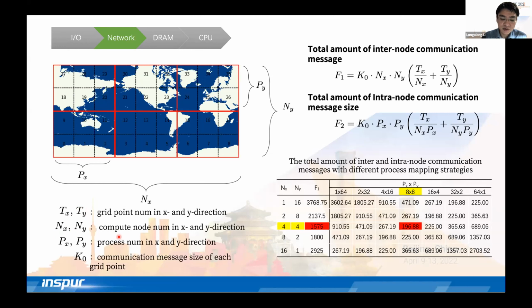Because the locations of this data are not continuous in memory, the compiler could not automatically use AVX or AVX-512 instructions to achieve the vectorization. We can directly replace this stencil computation with AVX instructions and overlap the data access with computation. Finally, the CPU computation performance could be improved by 1.8 times.